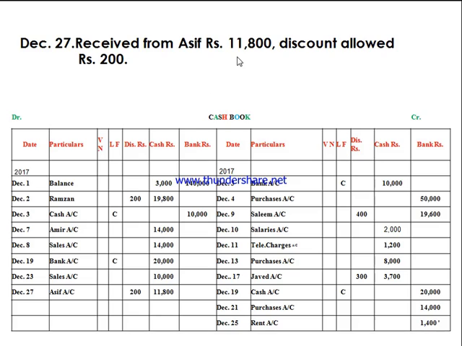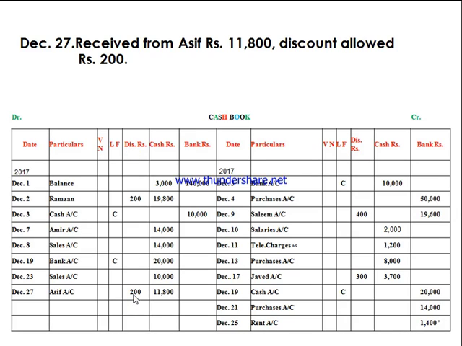We received 11,800, so we will write down in the cash column 11,800 and discount allowed is rupees 200, so we will write down 200 in the discount column.